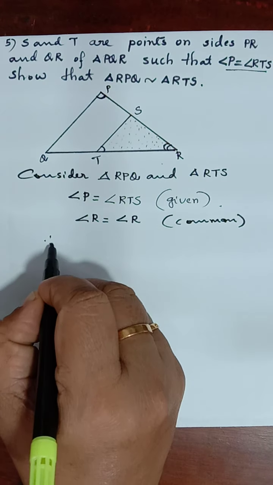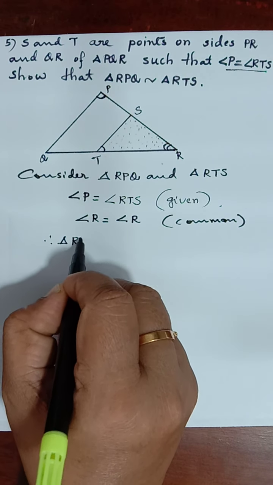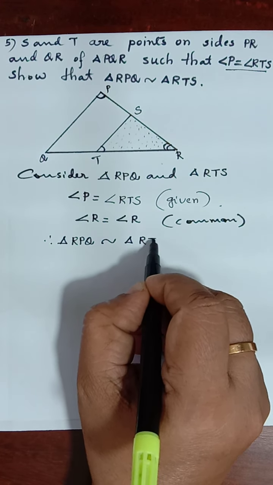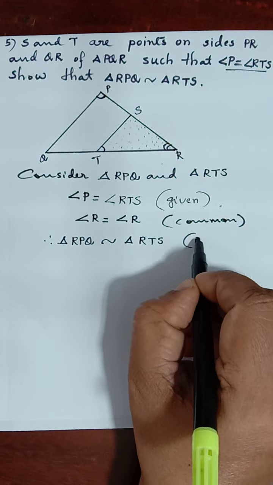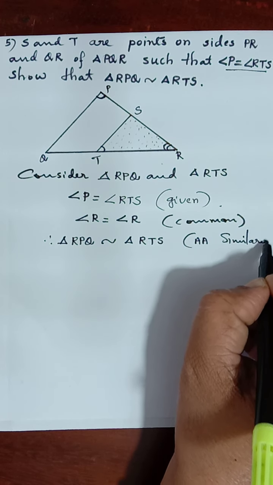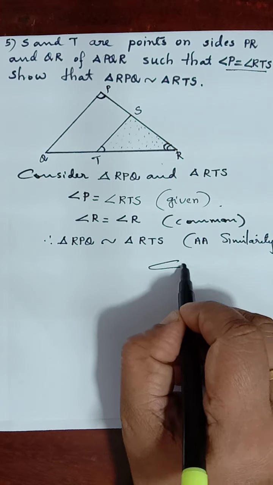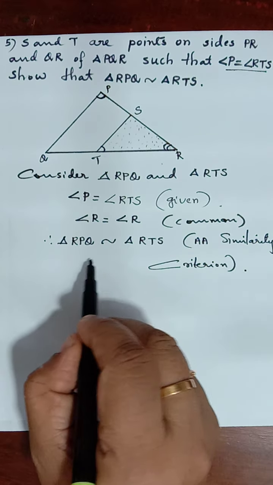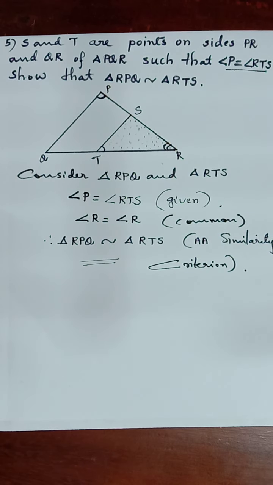Therefore, isn't it very easy to prove that triangle RPQ is similar to triangle RTS? It is by the AA similarity criterion, by which these two triangles are similar. Very simple.